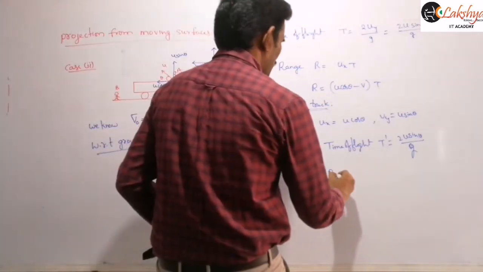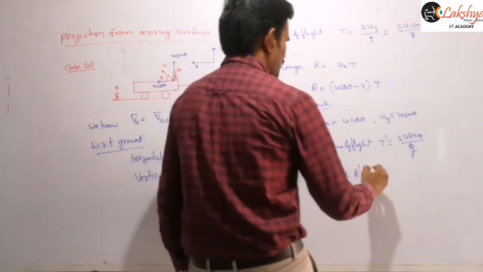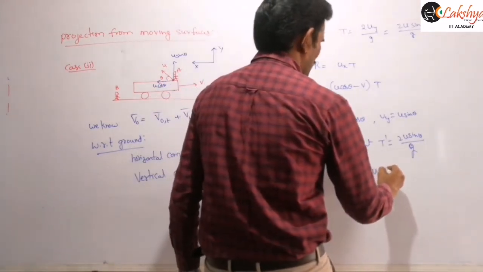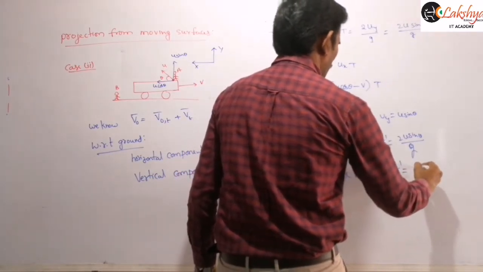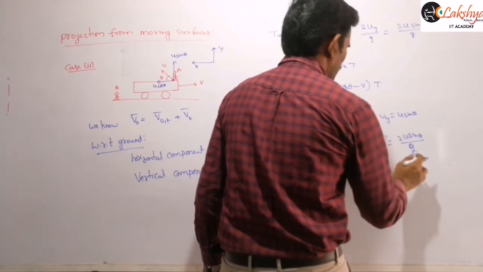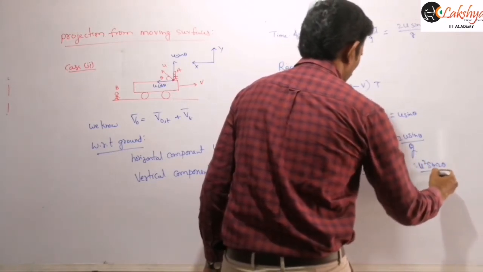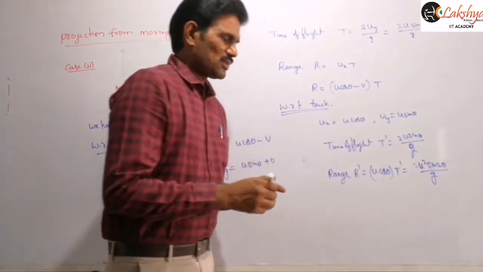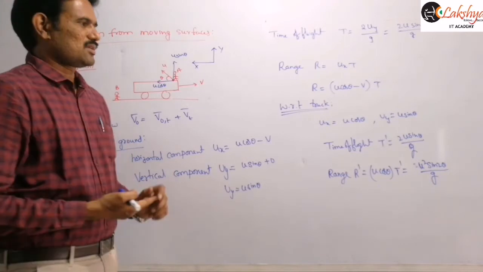And the range we can write as r dash is equal to, now ux is u cos theta into t dash. So I will write the direct formula, this is u square sine 2 theta by g, right? That is the range with respect to the truck.